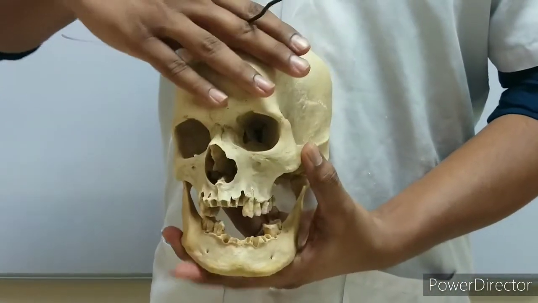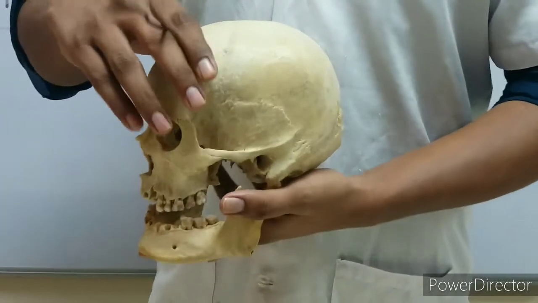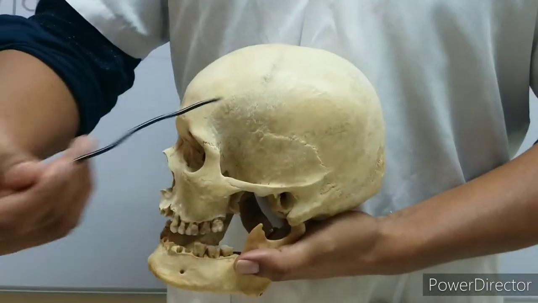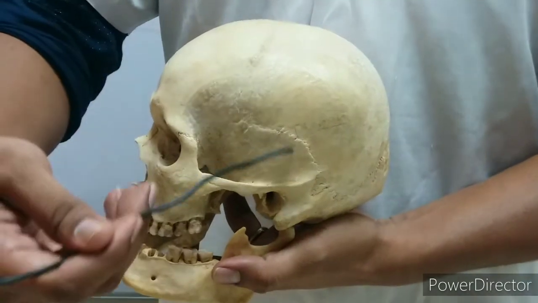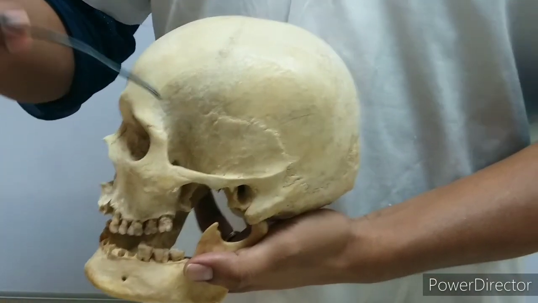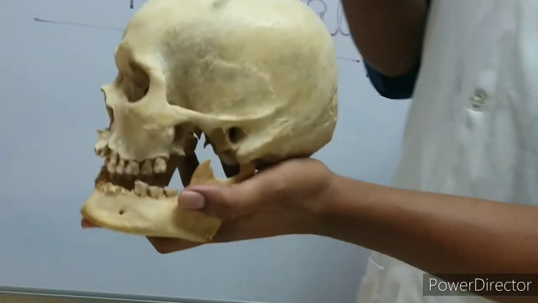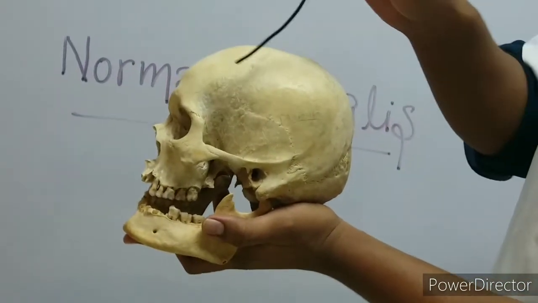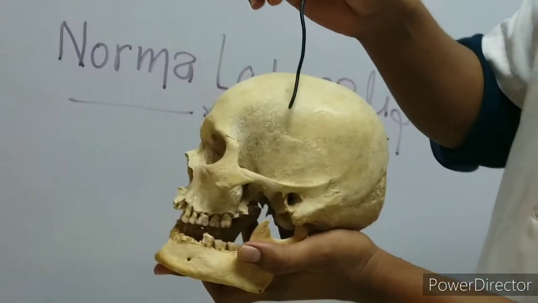Today we will see the norma lateralis from the lateral aspect. So we will see now what are the structures you can see in the norma lateralis.